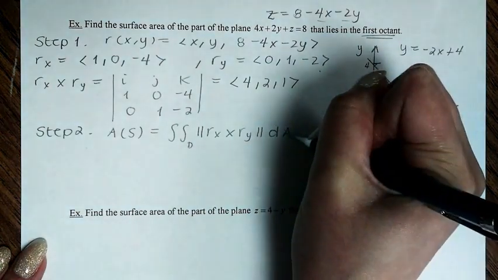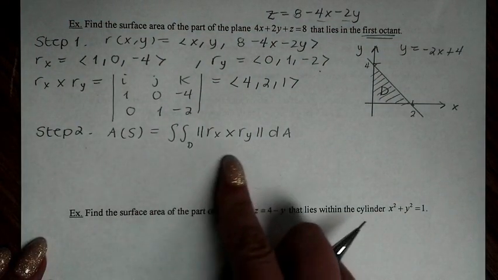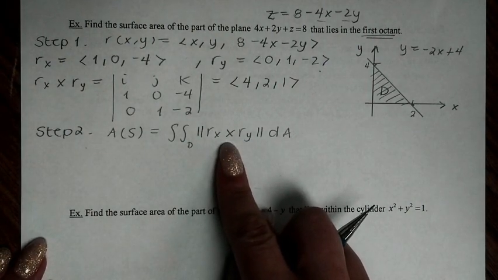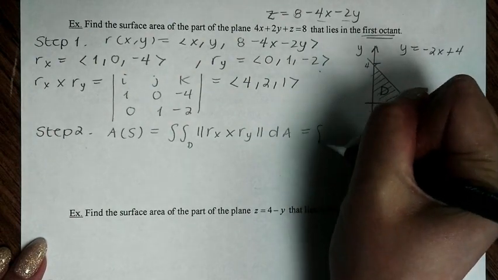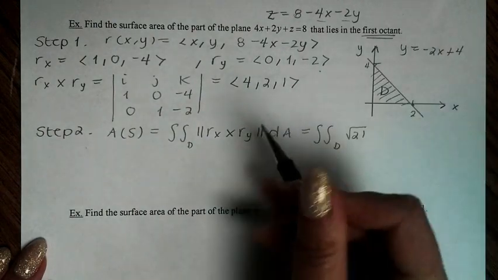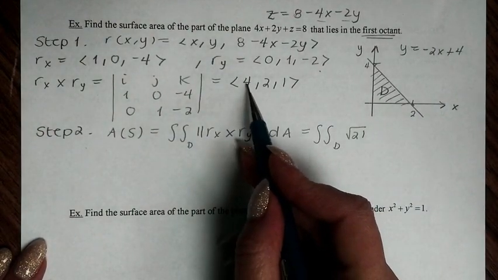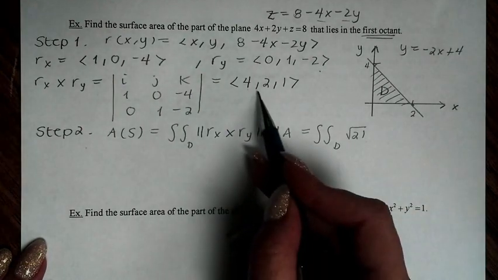So nicely, we can compute this. The magnitude of that is going to be root 21. Why root 21? Because this is 16 plus 4 plus 1, which is 21, and it's the square root.